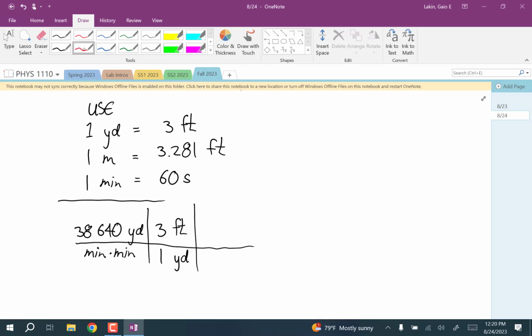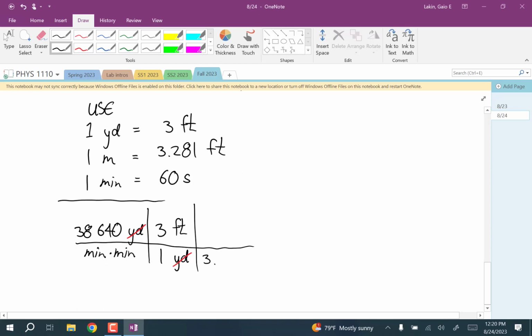And as I go, I'm going to keep track of the cancellations. So the yards now cancel, and the units of length that we have are feet, so that's good. We're getting there. And now I want to go from feet to meters. Here I have feet in the numerator. So my conversion factor, I want feet in the denominator.